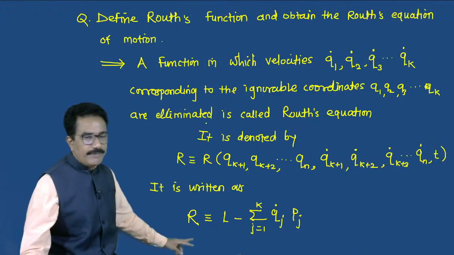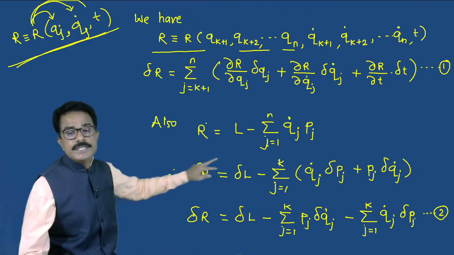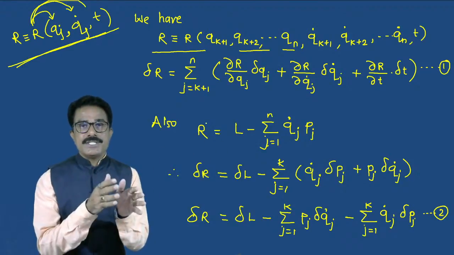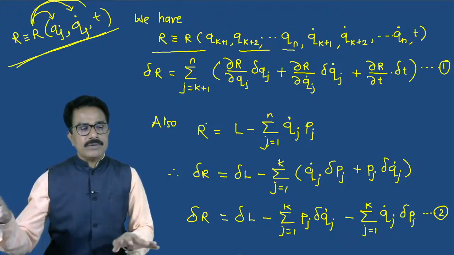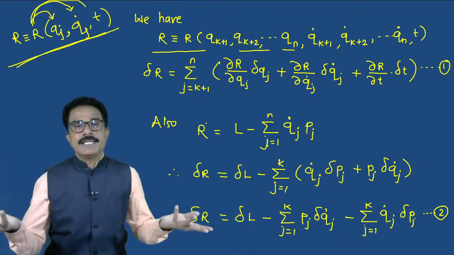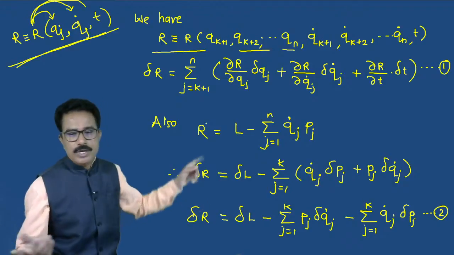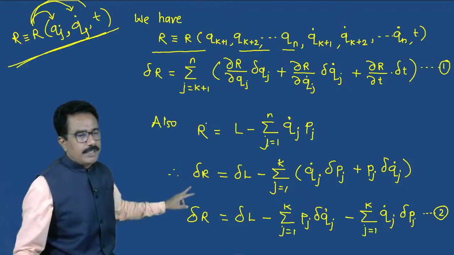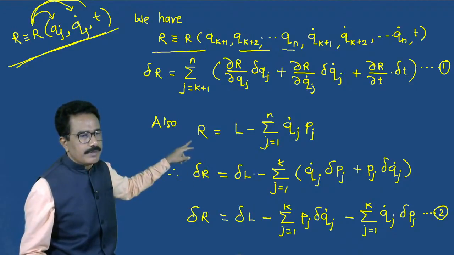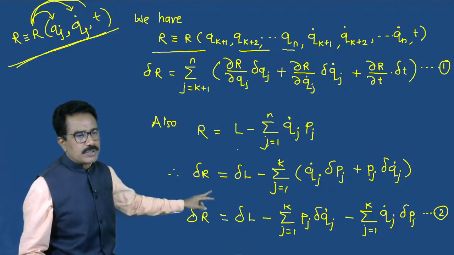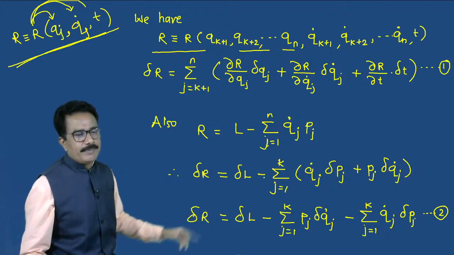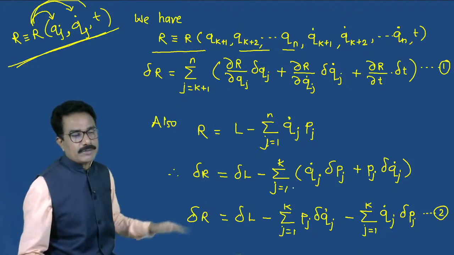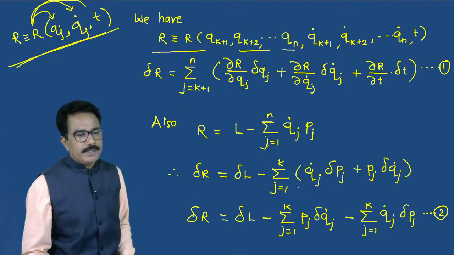This is according to the definition of the Routh function in terms of L. How is the Routh function? Remove the ignorable coordinates from the Lagrange function, and the remaining terms form the Routh function. So we can write this Routh function in terms of the Lagrange function. So now differentiate this. Delta R is equal to delta L minus the summation over j equals 1 to k. These are the ignorable coordinates from L.